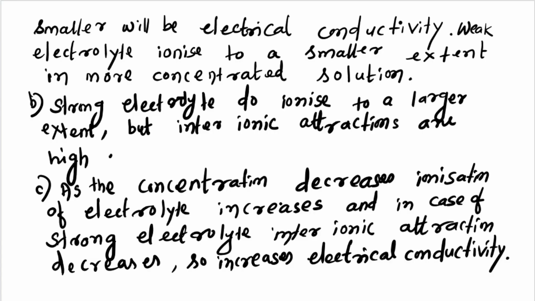Strong electrolytes do ionize to a large extent, but here the interionic attractions are high because one ion is positive and another is negative. Both ions are there, and that is an ionic compound.